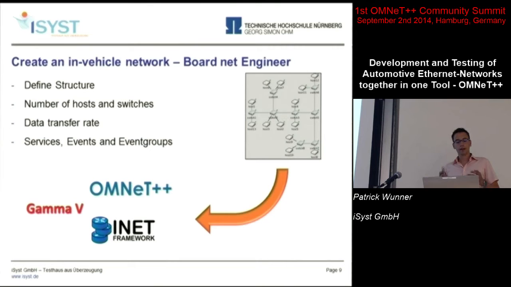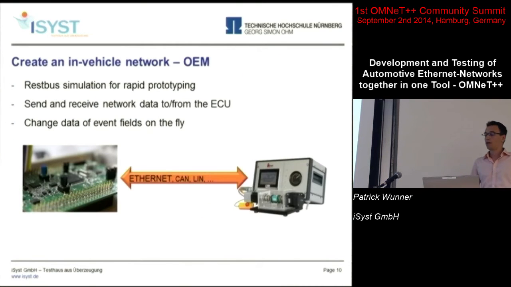This middleware is then used at initialization and defines the services, the events, and the event groups in the internal data model of the single hosts, and after that we can change the variables over GUIs or something else. Then the OEM has to do the RESPOS simulation for the rapid prototyping, send and receive network data over the network to the ECU, and he has to change the data of the events on the fly.